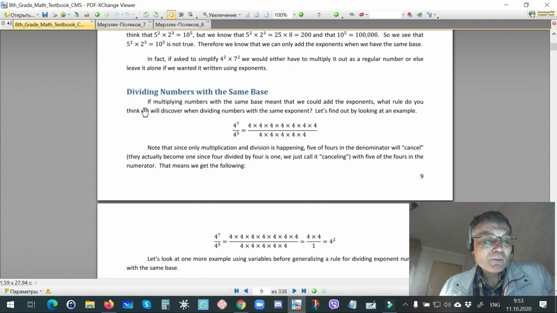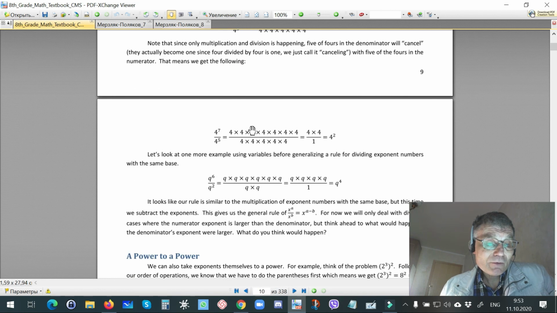The next step is to revise division of numbers with the same base. And when we divide, the rule is here: this expression x to the power of a over x to the power of b, we get as a result x to the power of a minus b.